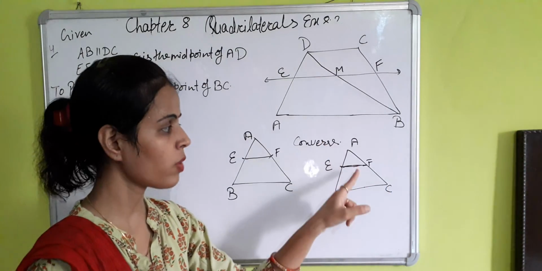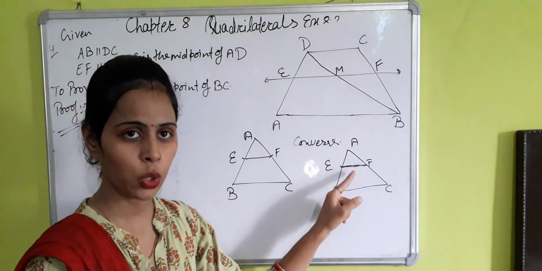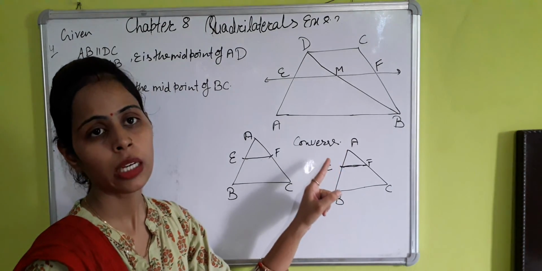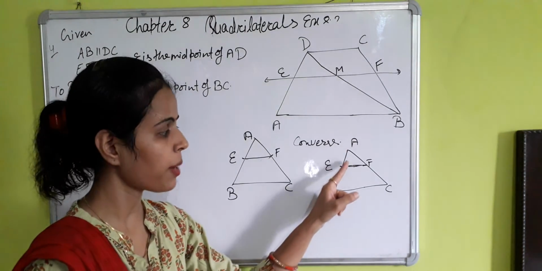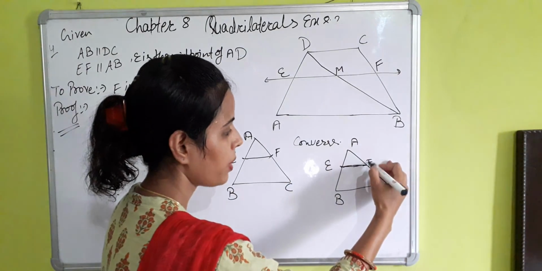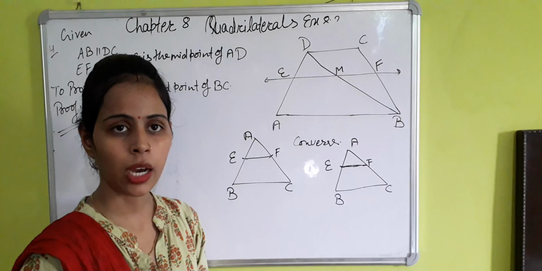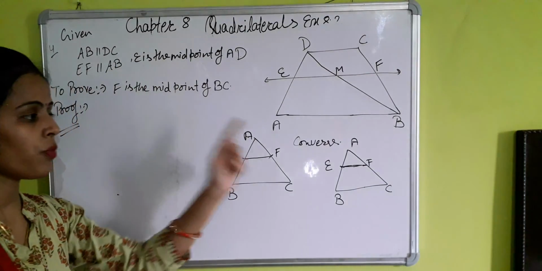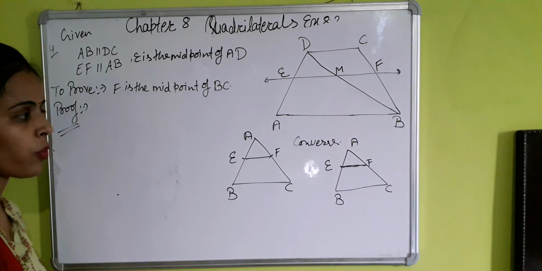When we draw a line through the midpoint of one side of a triangle and parallel to another side, then the point it meets is the midpoint of the remaining third side. In this question number 4, we will use this converse of the midpoint theorem.